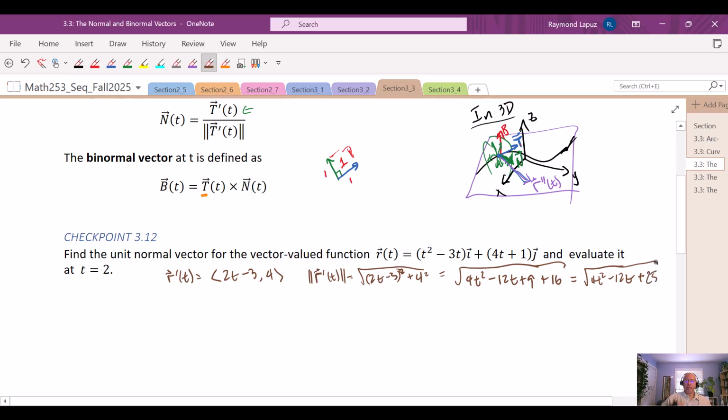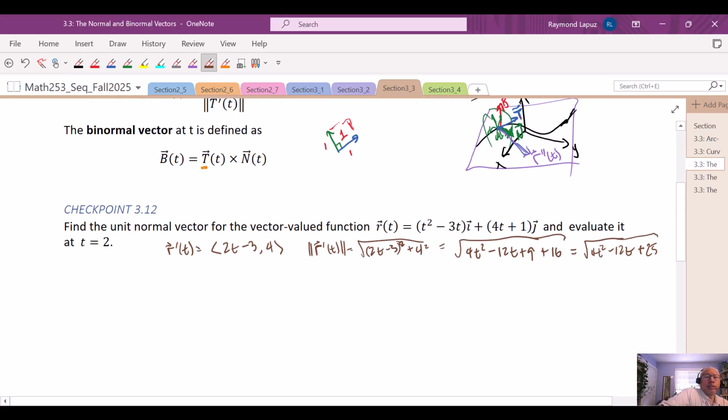And I don't believe we can simplify this much more. Okay, so let's just leave it like that, and we finally get our unit tangent vector to be this thing.